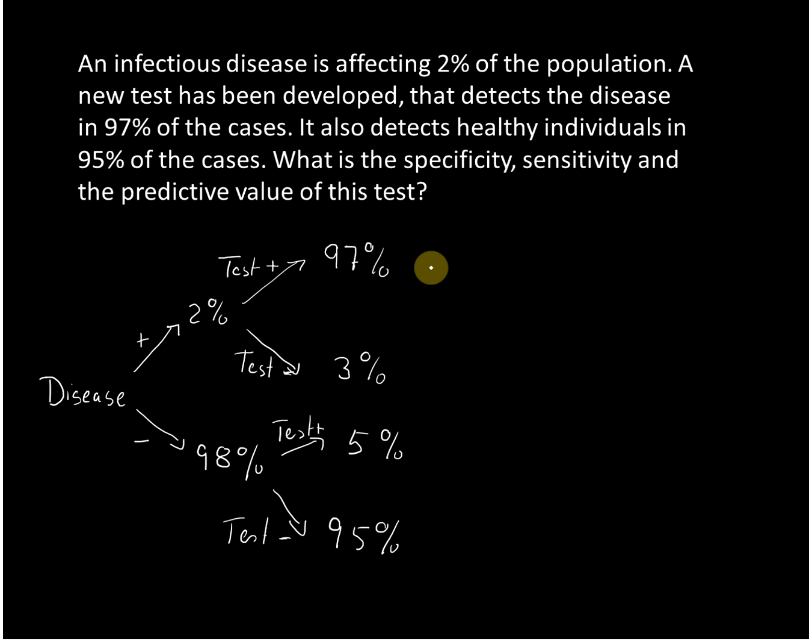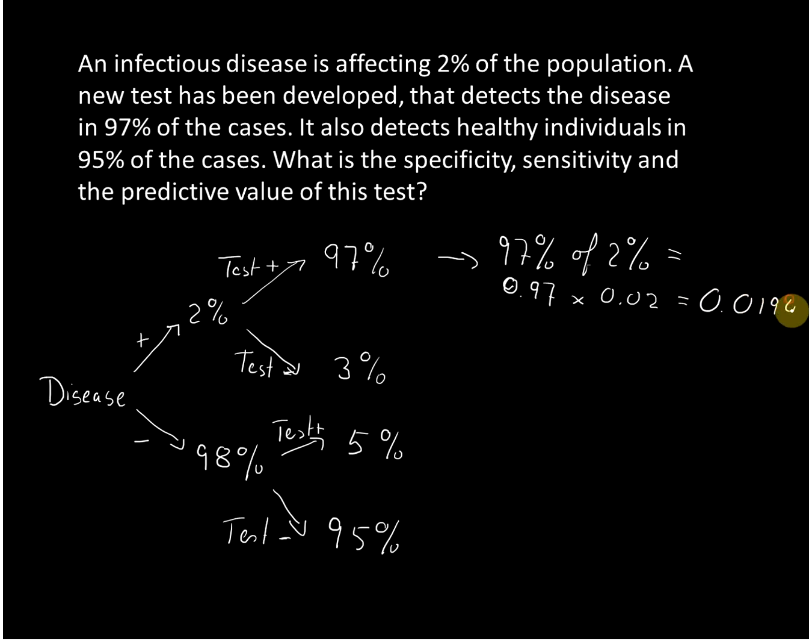And now we can convert this into numbers, and we can say what is 97% of these 2%. And this would give us, when we get the calculator out, 0.97 times 0.02, and this gives us 0.0194.